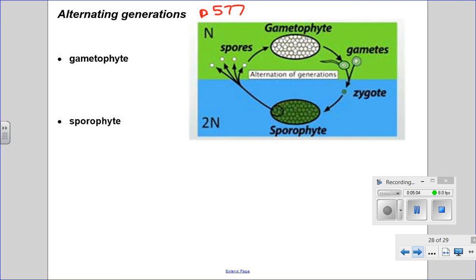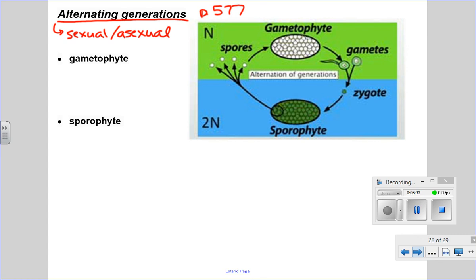Basically, what we'll discuss here is the idea of alternating generations. By alternating, we are talking about sexual and asexual reproduction. So some organisms will purposefully, in their life cycle, sometimes reproduce sexually and sometimes reproduce asexually, depending on the point in their life cycle that they're at.